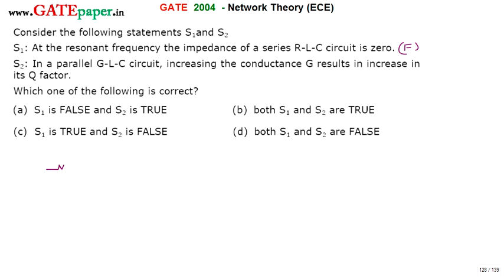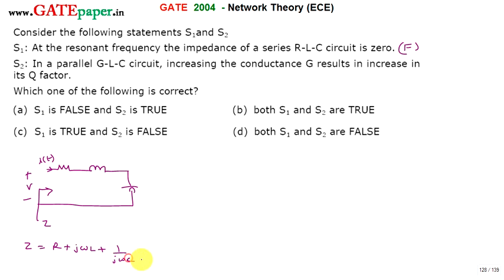The series RLC circuit looks like this, where V is the voltage and the current flowing through it is I. If you check the impedance, impedance is Z. Z can be written as Z = R + jωL + 1/(jωC).